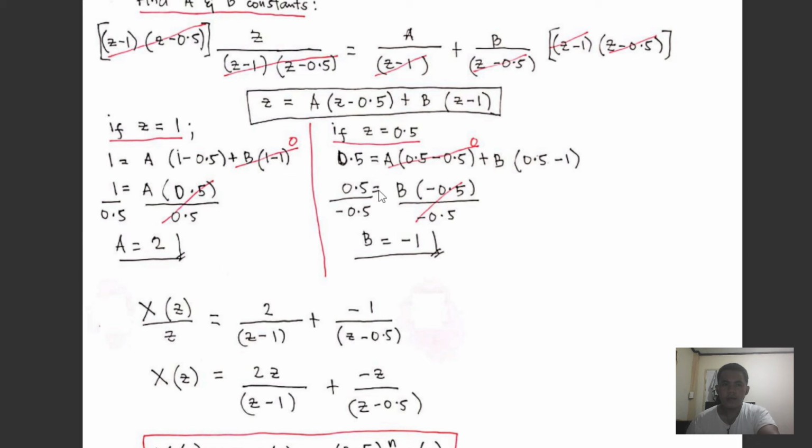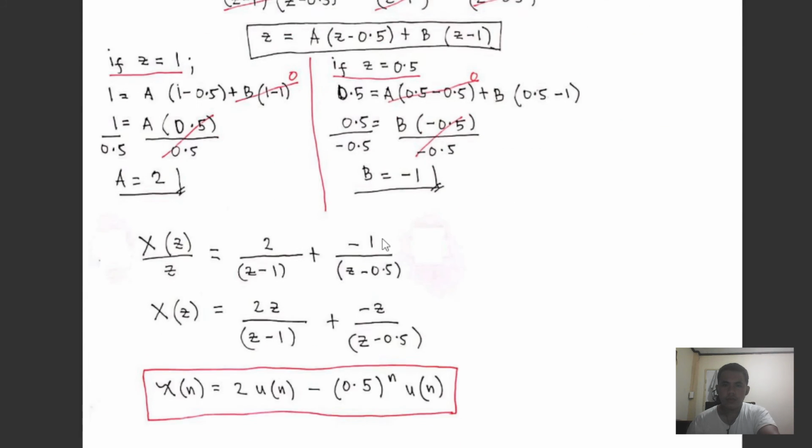And then if z is equal to 0.5, this term is equal to 0 because 0.5 minus 0.5 is 0. Solving, we get B equals negative 1.